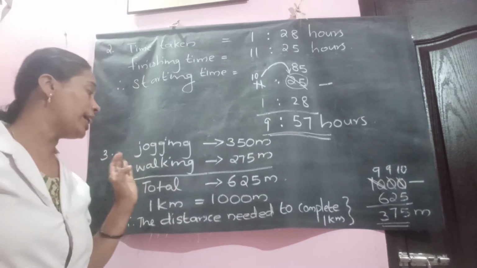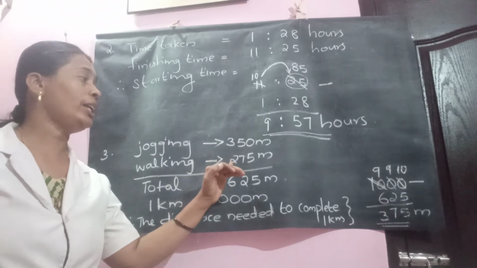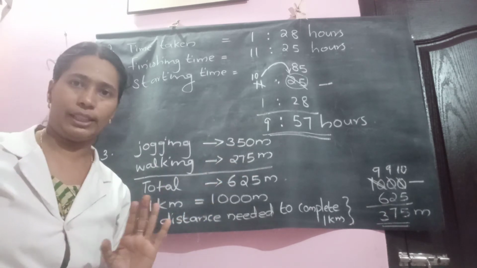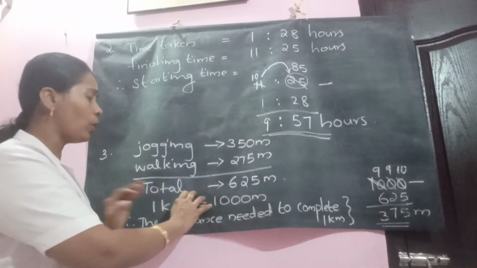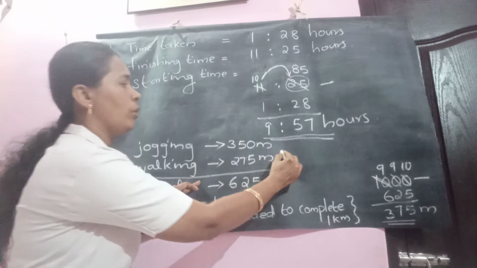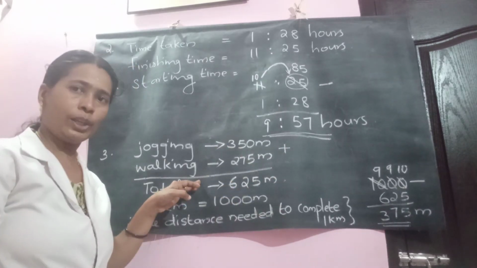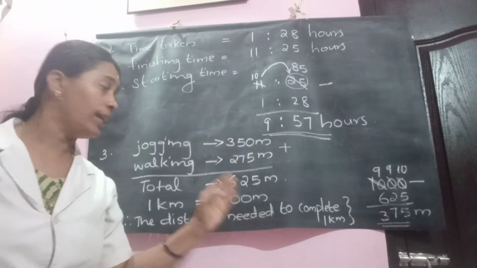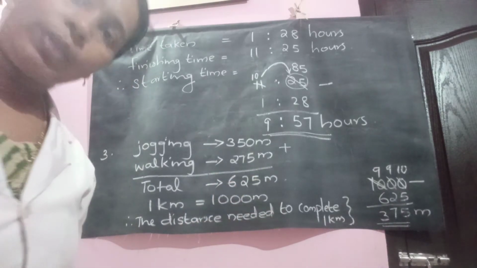Then what is the distance covered by him through walking? Walking 275 meter. So what is the total distance now? By adding these two, we have 625 meter. So he has covered 625 meter now.